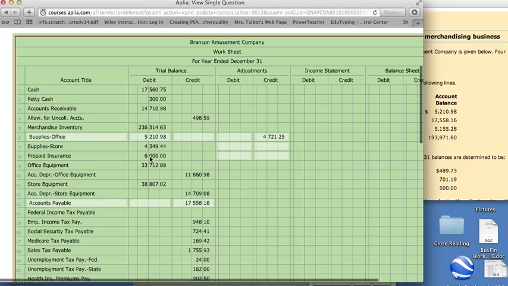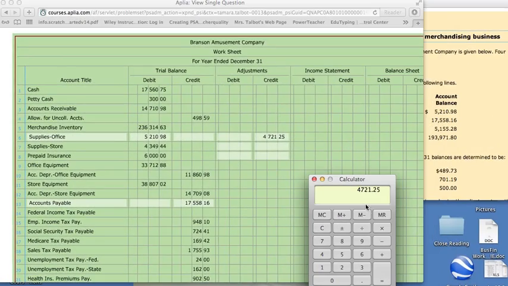We come up here, our balance is $4,349.44. So again, we're going to have to subtract to find our adjusting entry. $4,349.44 minus $701.19, $3,648.25.